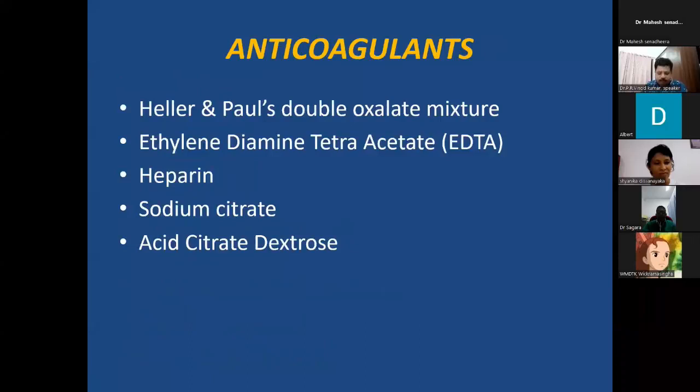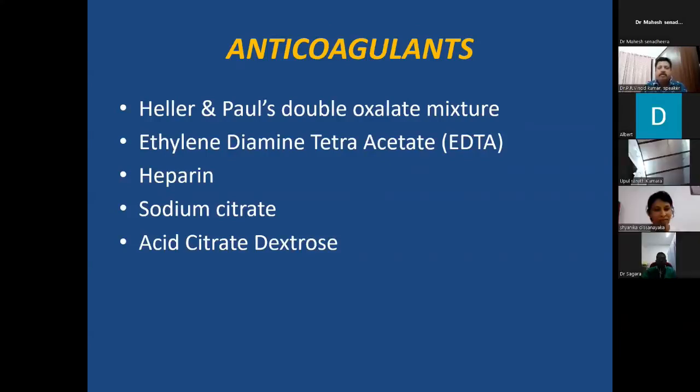When we are collecting blood, sometimes we need the whole blood, and sometimes we need the serum. For collecting the whole blood, of course, the blood should not clot. For that, we have to use anticoagulants. These are the commonly used anticoagulants, like Heller and Paul's double oxalate mixture.